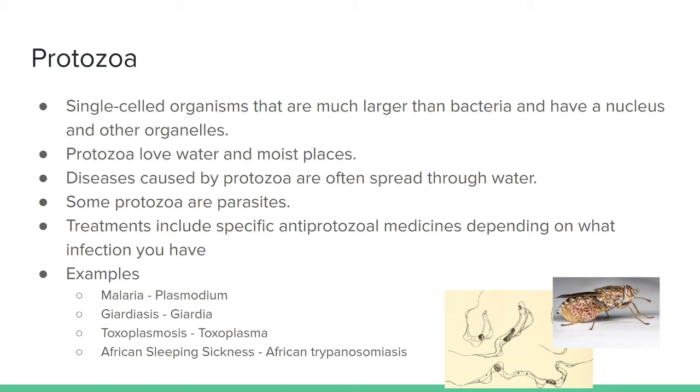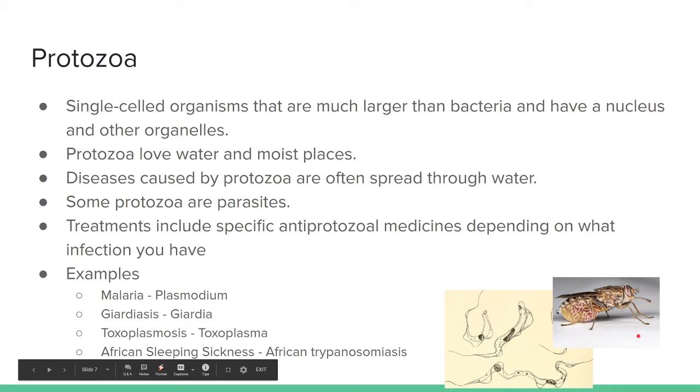And then another one is African trypanosomiasis, and it causes what is known as African sleeping sickness. You can see here these are the protozoa that cause African sleeping sickness, but they are transferred around by this little guy here known as a tsetse fly.